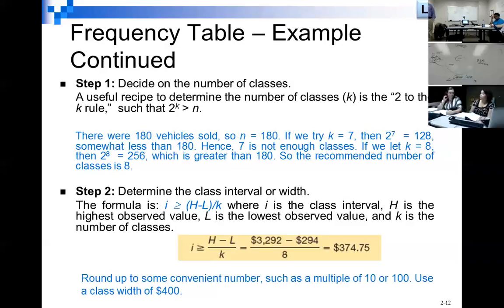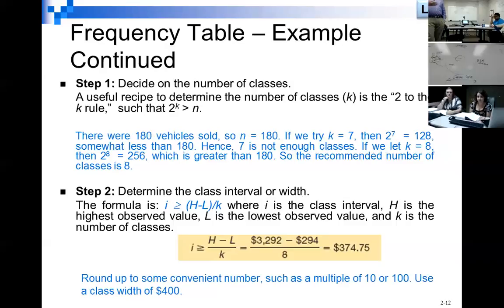Now, once you arrive at this, notice our output, $374.75. Go ahead and round that up to some convenient, relevant number, such as a multiple of 10 or 100. If I were this close to 400, I would round it up to 400.